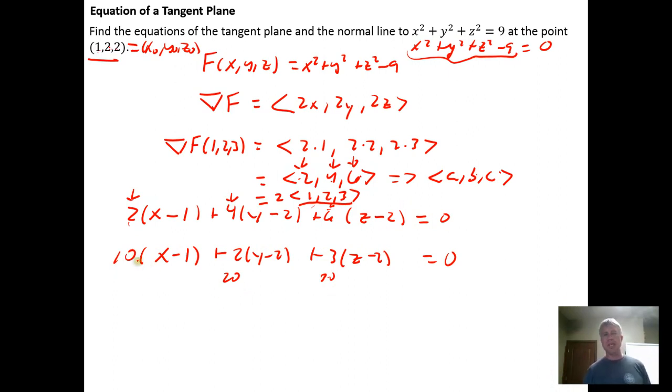So the answer key might have something that looks different than what I have. So I need to pay attention: is the answer in the answer key just a scalar multiple of the equation I have for my plane? And if it is, it means you have equivalent results. So it's just something to be aware of.